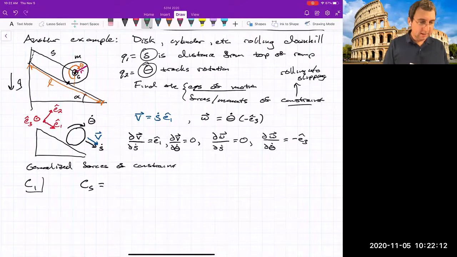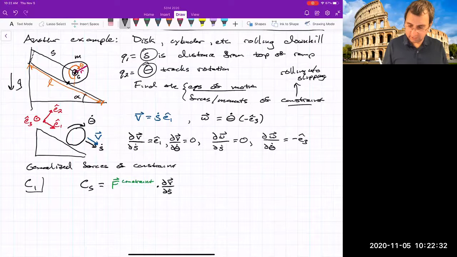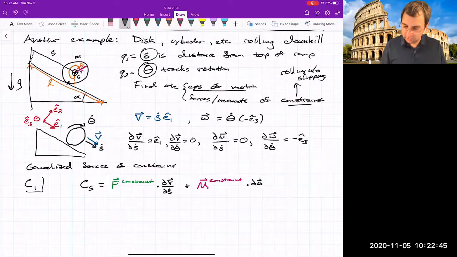I only have one body here, so I don't have to sum over any bodies because there's just one. I'll write the force of constraint, whatever it is, dotted with partial V partial S dot, plus a moment of constraint dotted with partial omega partial S dot.